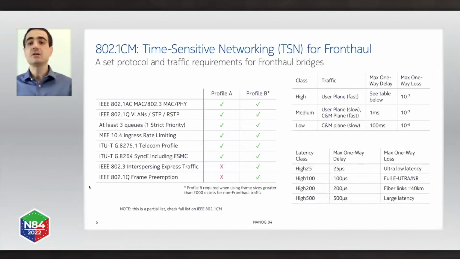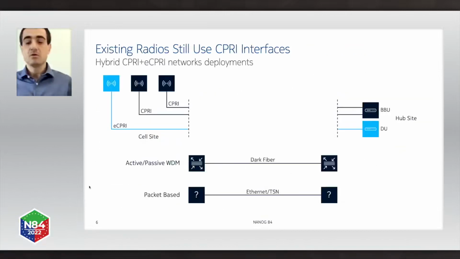And then you see on the right the different requirements in terms of delay and packet loss for the typical eCPRI traffic that you see in terms of user plane, control and management plane, both fast and slow. So now we have a set of guidelines essentially with 802.1CM of how to transport those signals from the radio all the way to a centralized processing unit over an Ethernet segment.